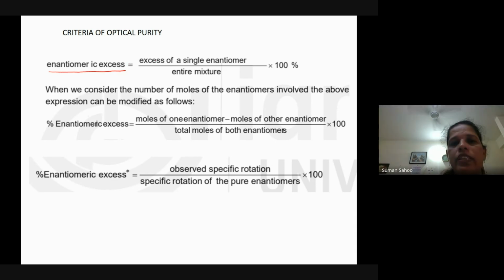So enantiomeric excess is the excess of a single enantiomer divided by the entire mixture, times 100%, or we can say moles of one enantiomer minus moles of the other enantiomer, divided by total moles of both enantiomers, times 100. Or we can also calculate it from our experimental value. We get a specific rotation, how much rotation we get from the optically polarized light.